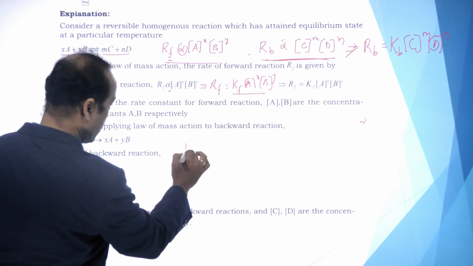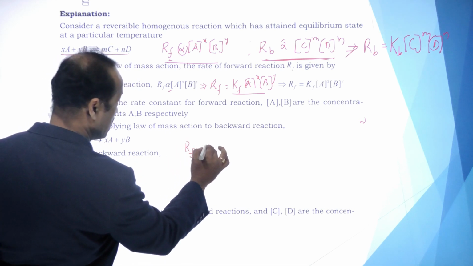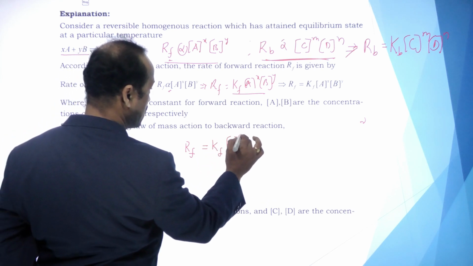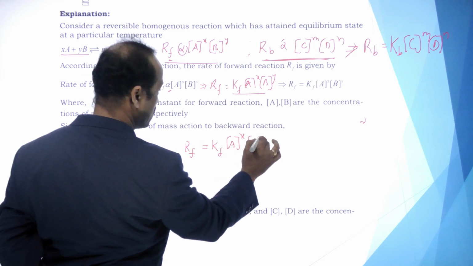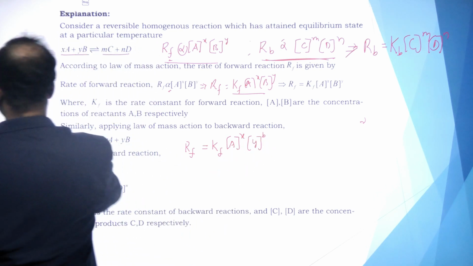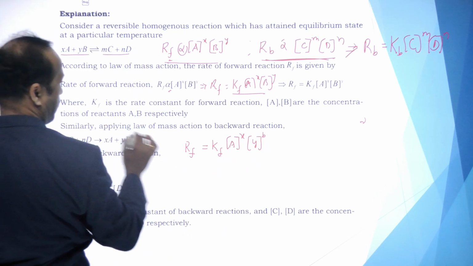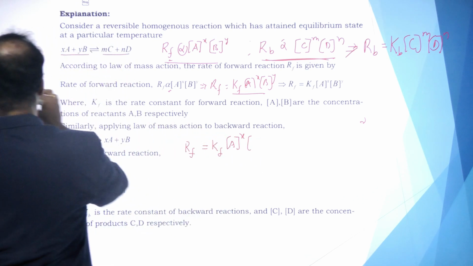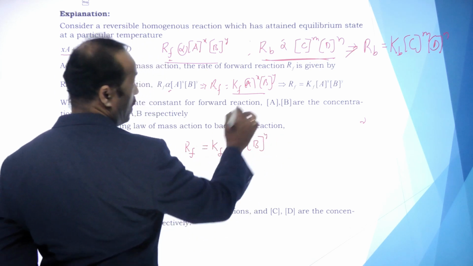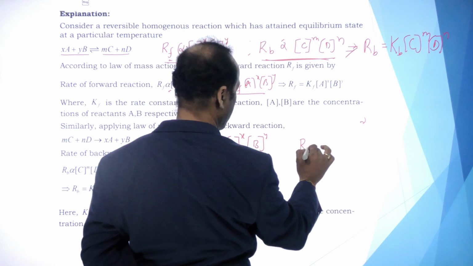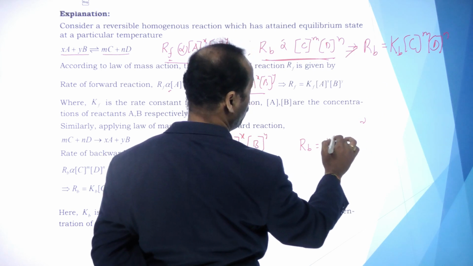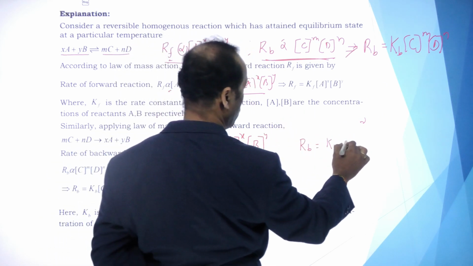So see here, the rate of forward reaction is equal to KF and the product of the concentration of A into the concentration of B. Sorry, here it should be B. Now I am writing here, the rate of backward reaction is equal to KB and the concentration of C and D.